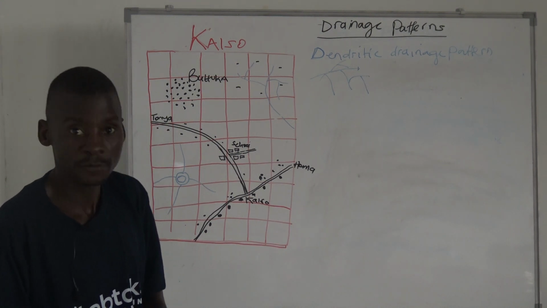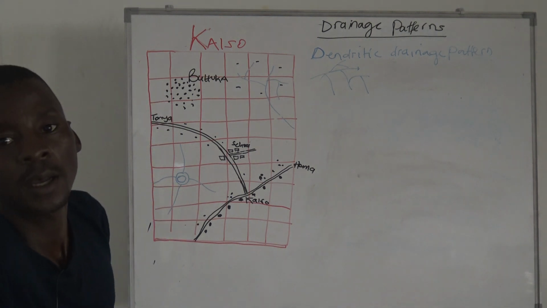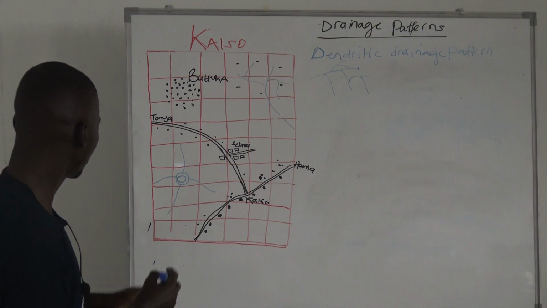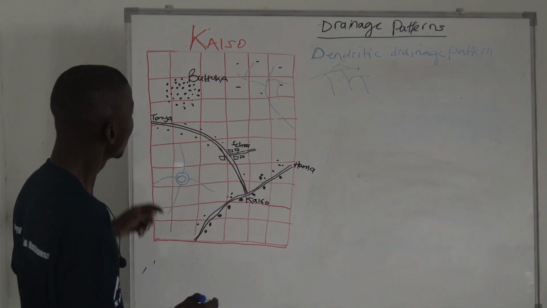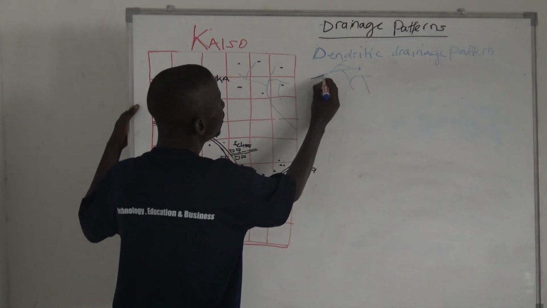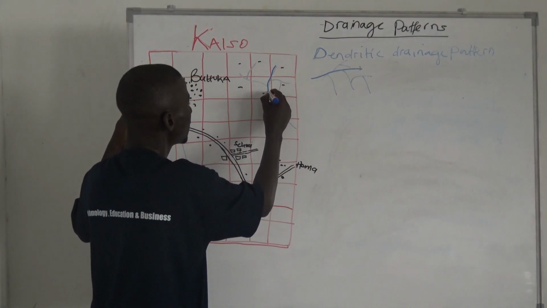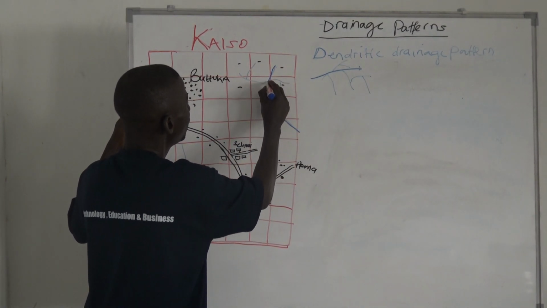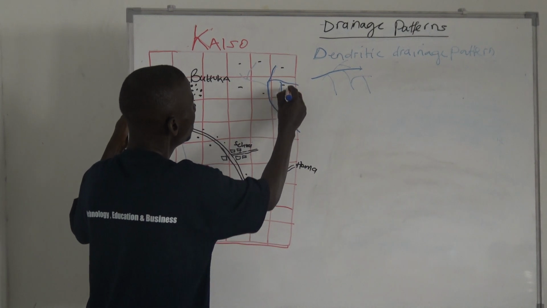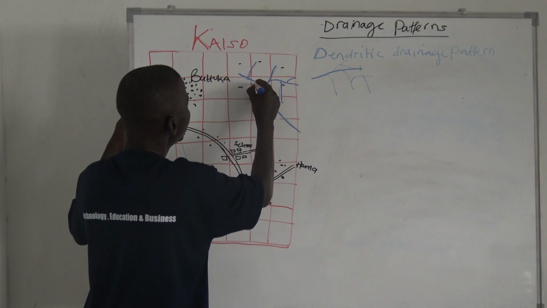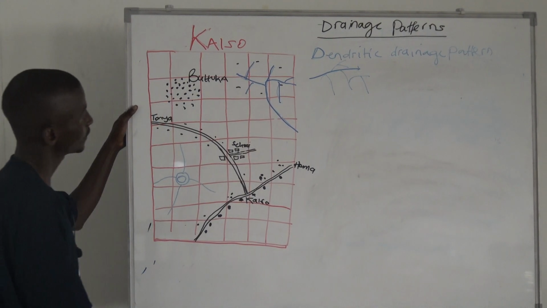Rivers are flowing, and they are subdivided into so many other tributaries as we are seeing here. The river is subdivided into very many other branches like that, like that, like that.